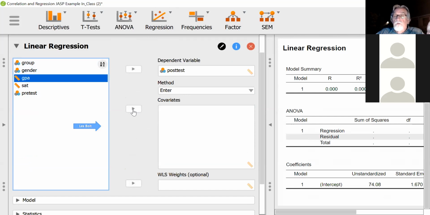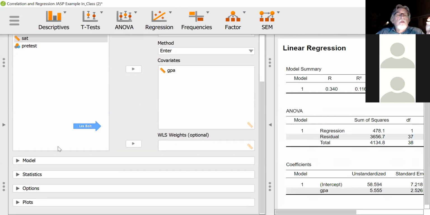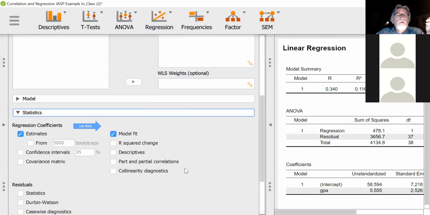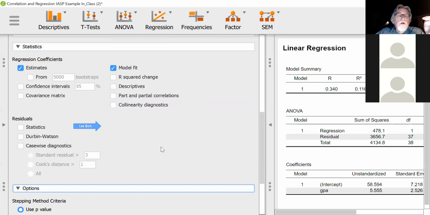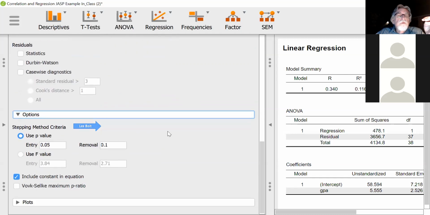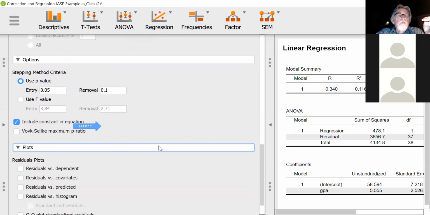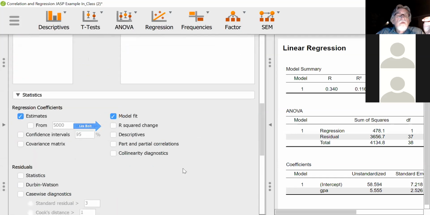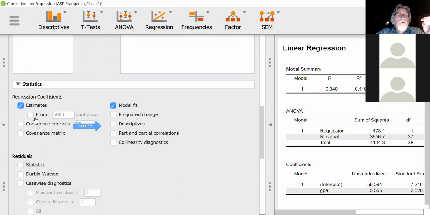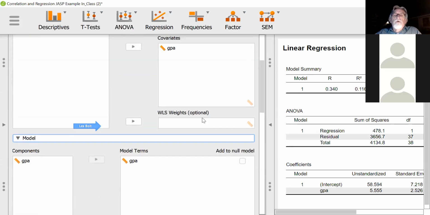That's actually the predictor score. I want to make sure that we're getting everything we need. I haven't looked at these defaults. Okay, that should give us what we need.